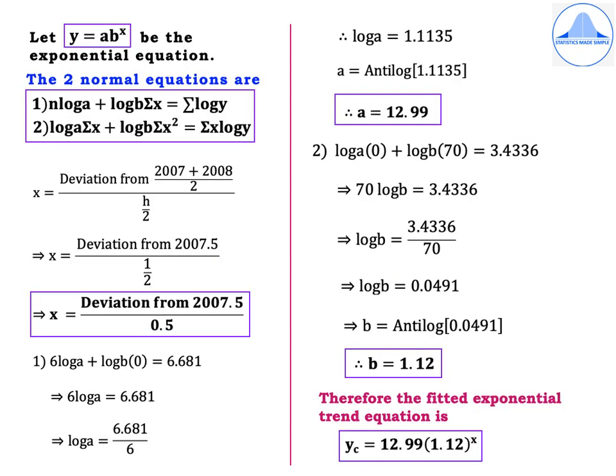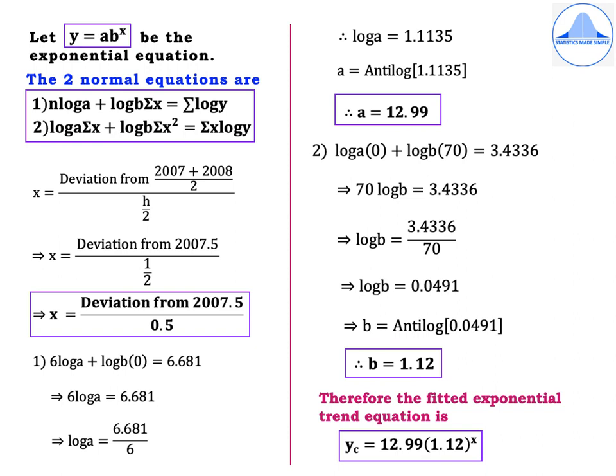Starting with, let y equal to a into b to the power x be the exponential equation. The two normal equations are, the first one is n log a plus log b summation x is equal to summation log y. Second, log a summation x plus log b summation x square is equal to summation x log y. And x is calculated using the formula deviation from the arithmetic mean of the two middle years divided by h by 2.